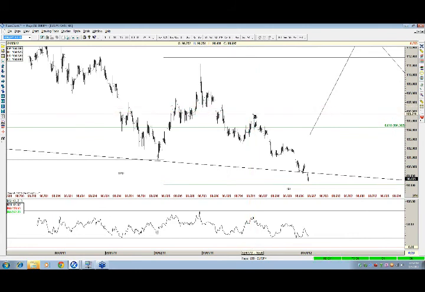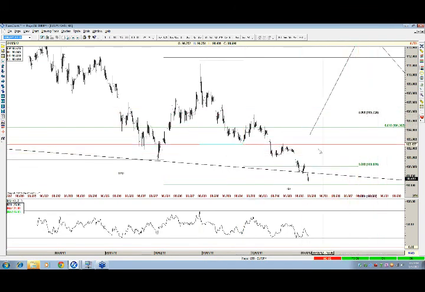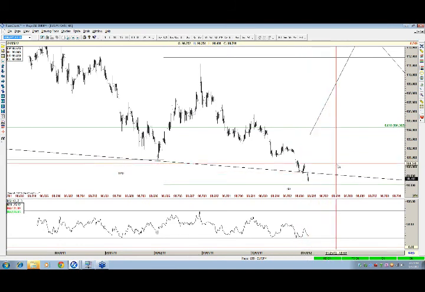But now from here, 97 is right here, the equals, or we're ending a 3-wave move from here, very similar to the euro case. You know what I mean?